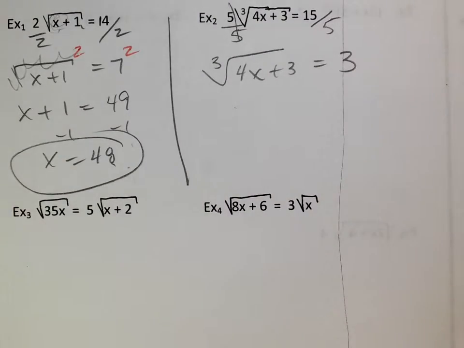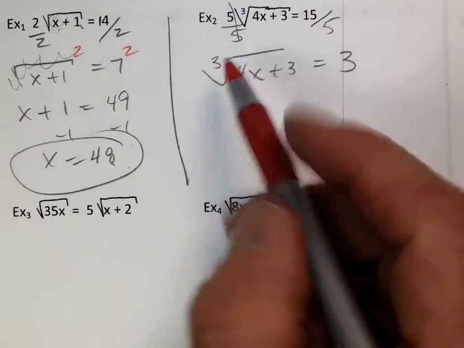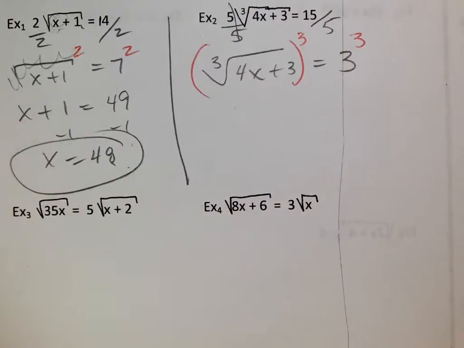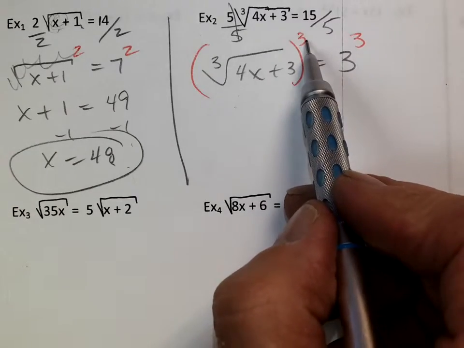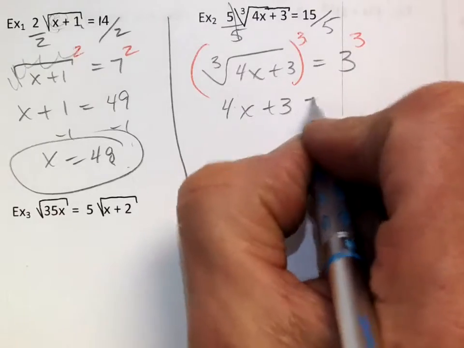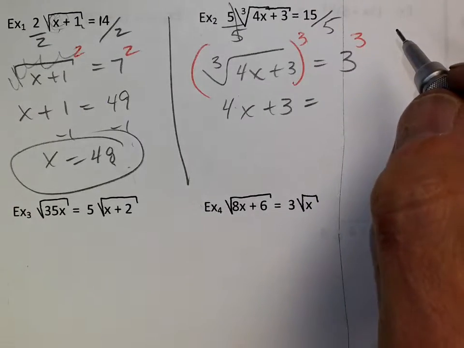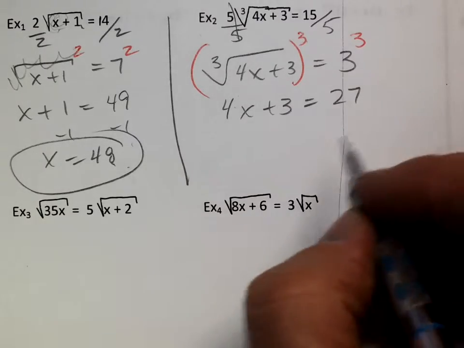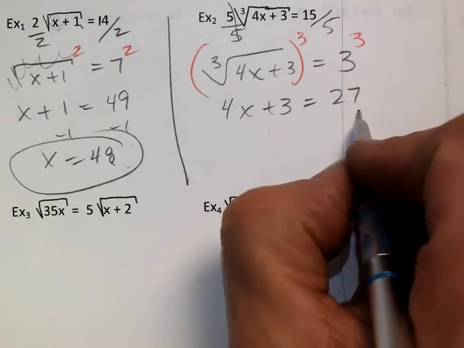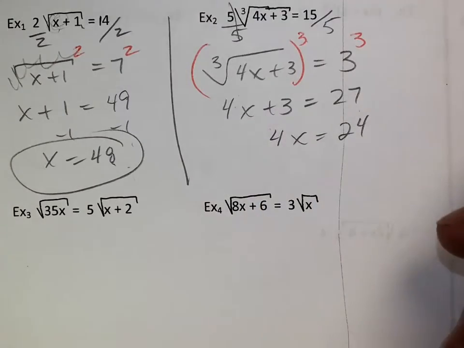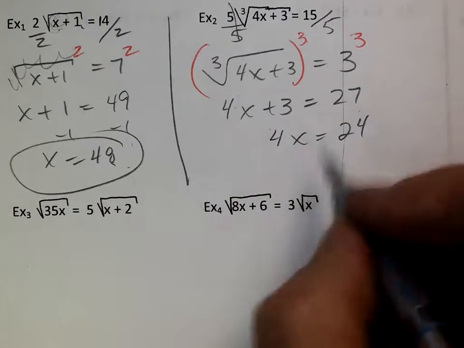We're going to undo the cube root by cubing, right? And then my cube cancels. I get 4x plus 3 equals 3 cubed, which is 27. 3 times 3 times 3 is 27. Just going to solve. Minus 3, I get 4x equals 24. Divide, and I get x equals 6.